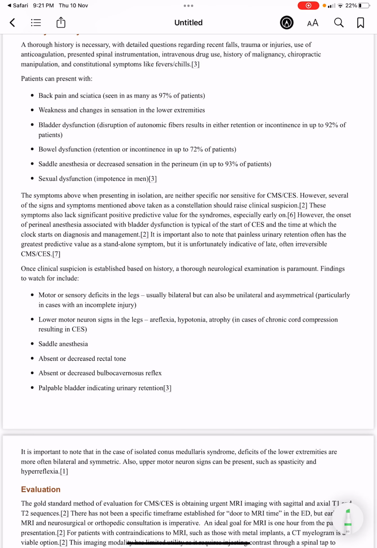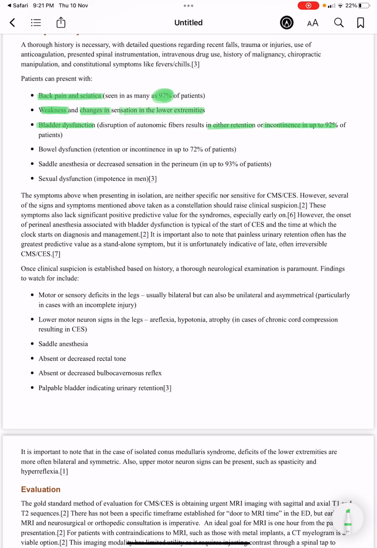back pain and sciatica. In 97% of patients, they'll have back pain and sciatica. Patients will also have weakness and changes in sensation in the lower extremities. Bladder dysfunction: disruption of autonomic fibers results in either retention or incontinence in up to 92% of patients.